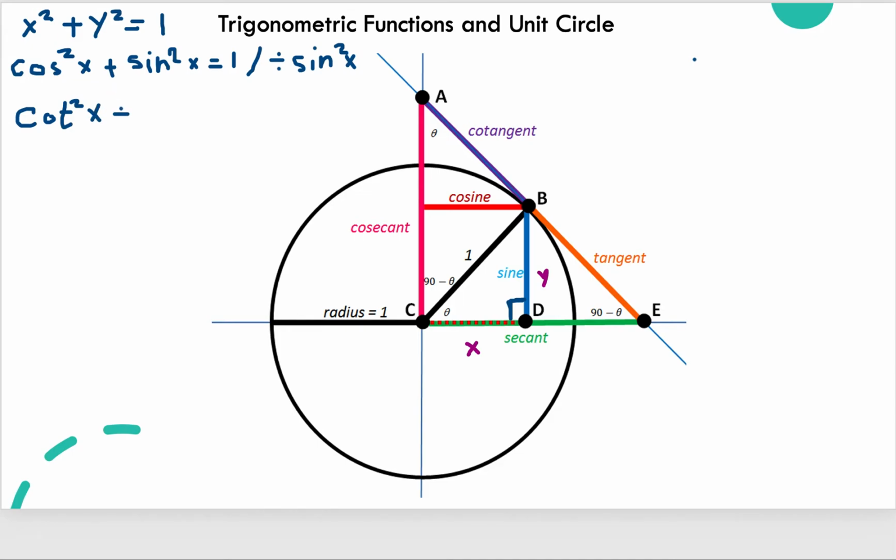Sine square x divided by sine square x is equal to 1, and on the right side, 1 divided by sine square x.